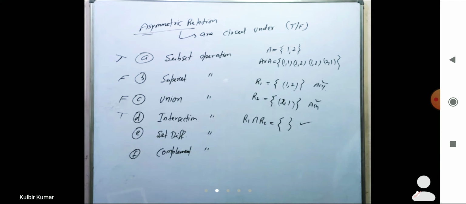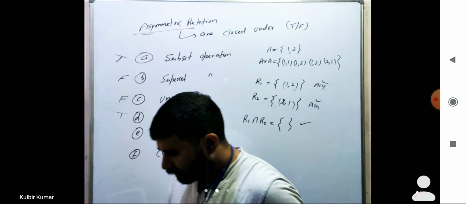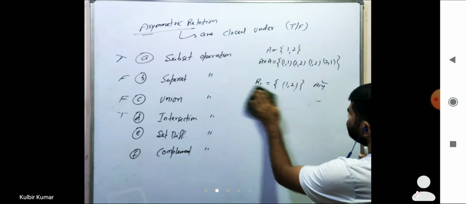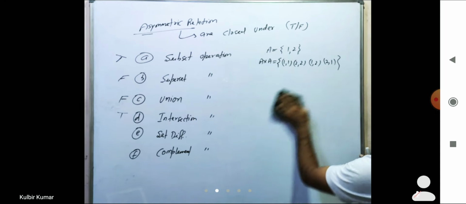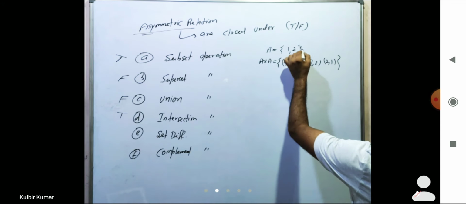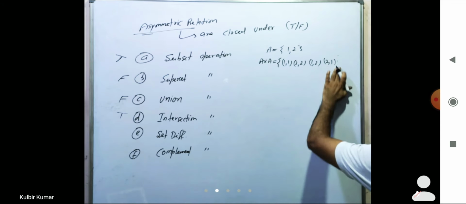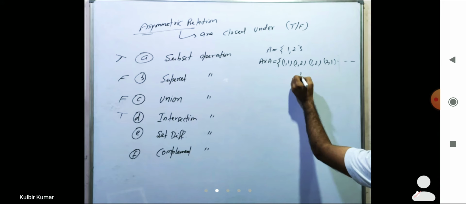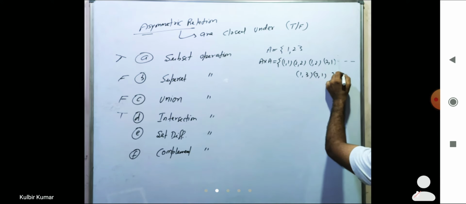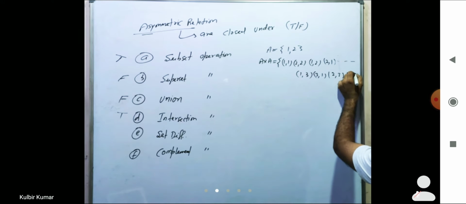Is it closed under set difference or not? Let us see. Let me take an example here. Take 3 attributes, then the ordered pairs will be (1,3), (3,1), (2,3), and (3,2) also.